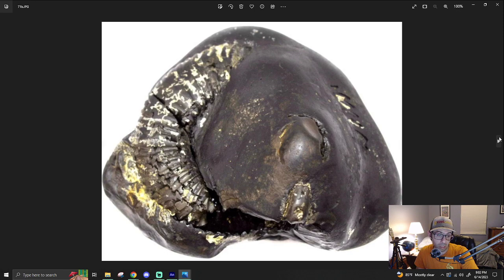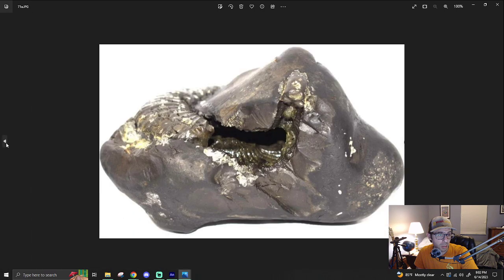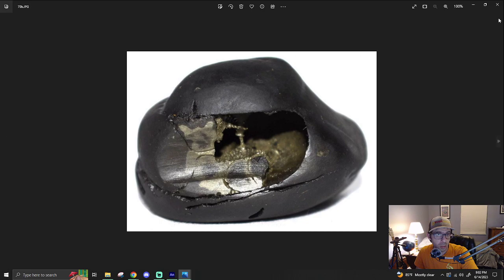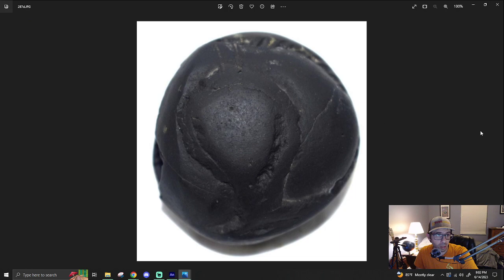That's pretty plausible, I'd say. I mean, it's connected over there. I think that is where it would have been flowing from based on the other ones we've seen. Like if we go back to this one.